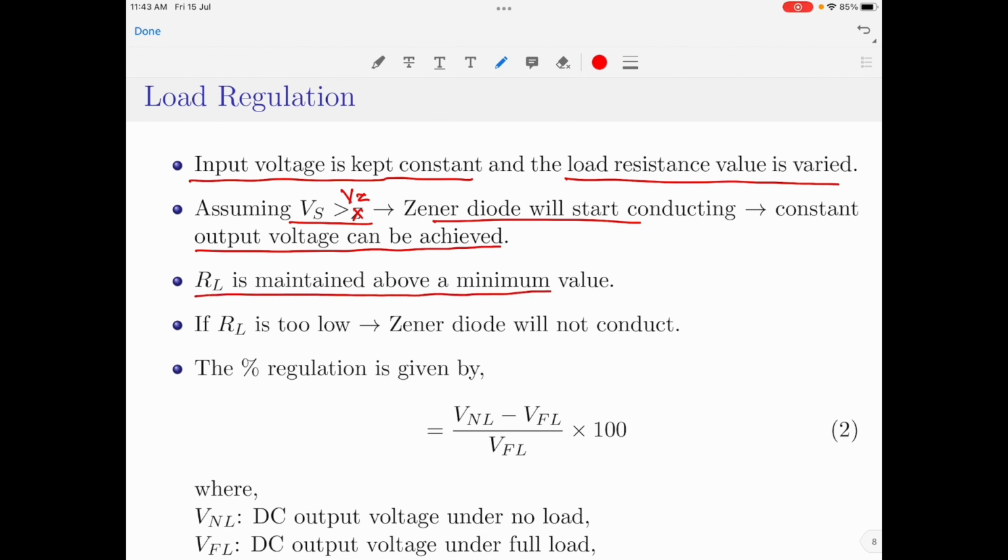If the value of RL is too low, the Zener diode will never break down and therefore no regulation can be achieved. And lastly, the percentage regulation is given by the DC output voltage under no load condition minus the DC output voltage under full load condition, divided by the DC output voltage under full load condition, multiplied by 100. Please note this is in terms of percent.